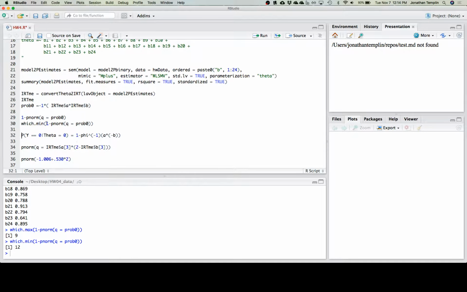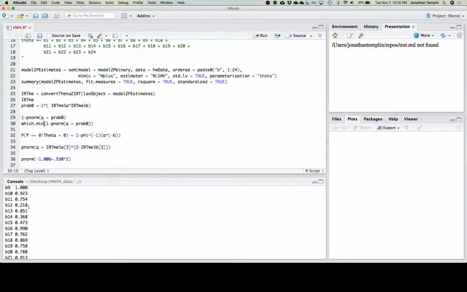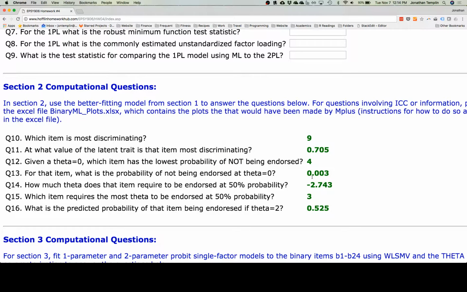I was telling you which has the highest probability of not being endorsed. Item 12 is the lowest probability of not being endorsed. And the probability associated with that, if we just go back to this 1 minus the probability here, that probability is 0.218. And as you'll see, that is not what it should be.